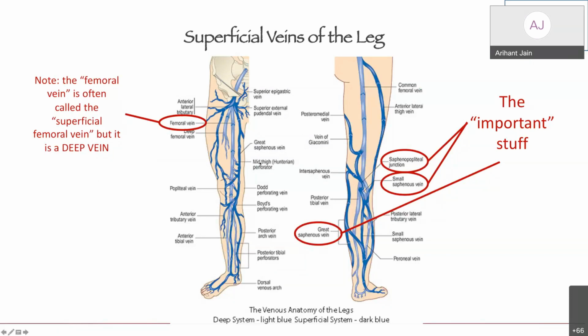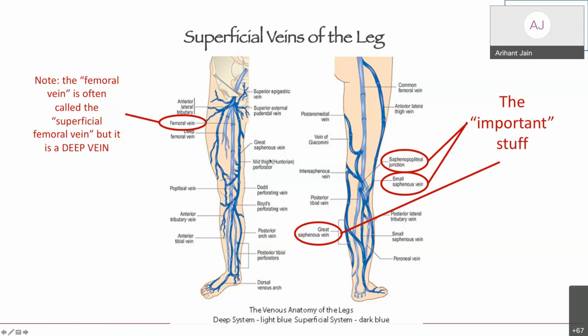Superficial veins of the legs are the veins which are just below the dermis, and these are typically the great saphenous vein, the anterior tibial veins, the peroneal veins. These are all superficial veins of the legs, and the femoral vein is often called the superficial femoral vein, but that is actually a deep vein because it is connected to the deep venous system directly.